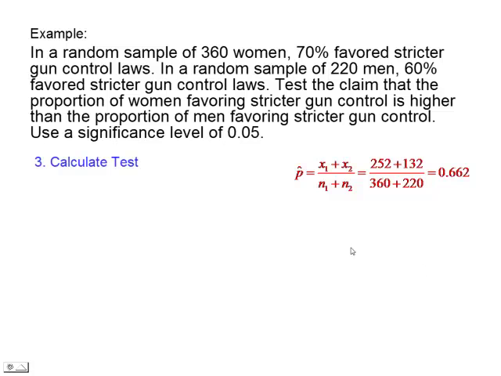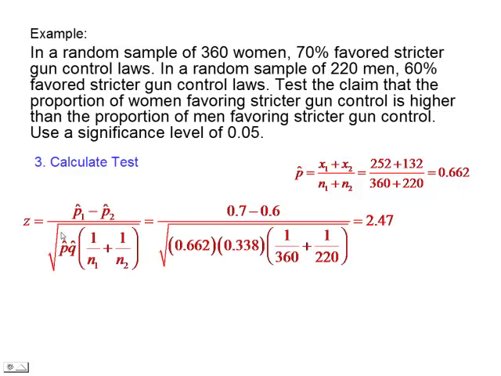So calculating the test, finding our pooled proportion, we get 0.662. So z equals 0.7 minus 0.6 divided by the square root of 0.662 times 0.338 times 1 over 360 plus 1 over 220, and we get a z value of 2.47.